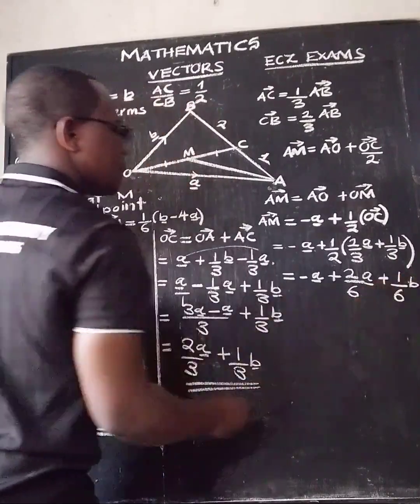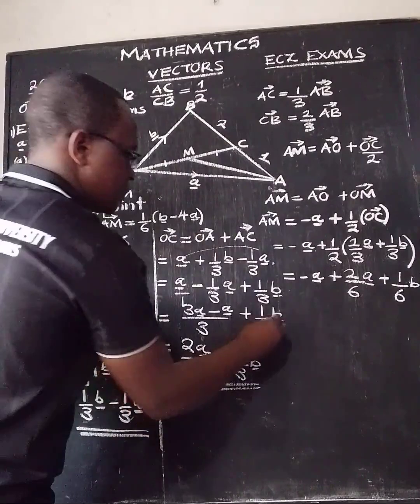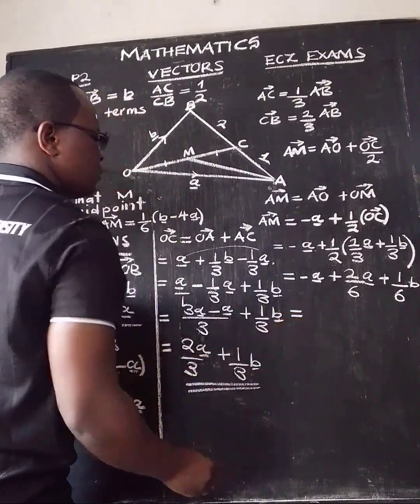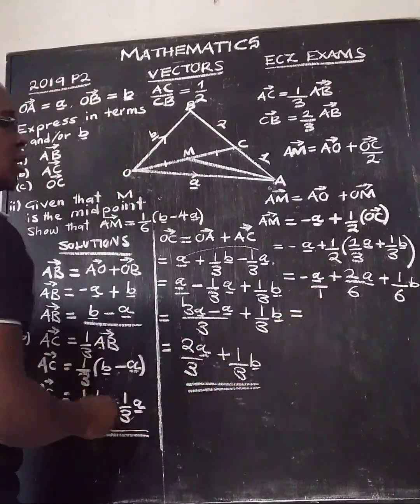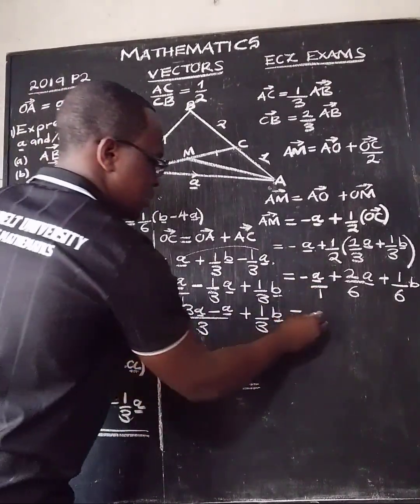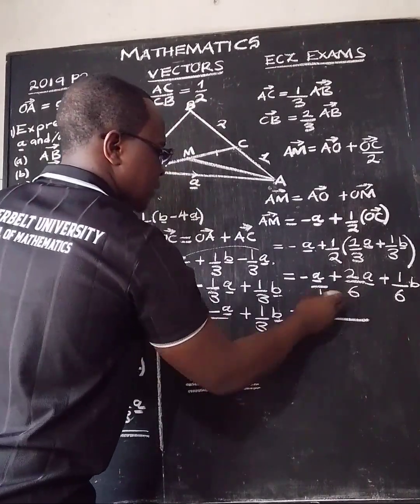So it is equal to, now here you can balance the fractions. What is our lowest common denominator? It's 6.